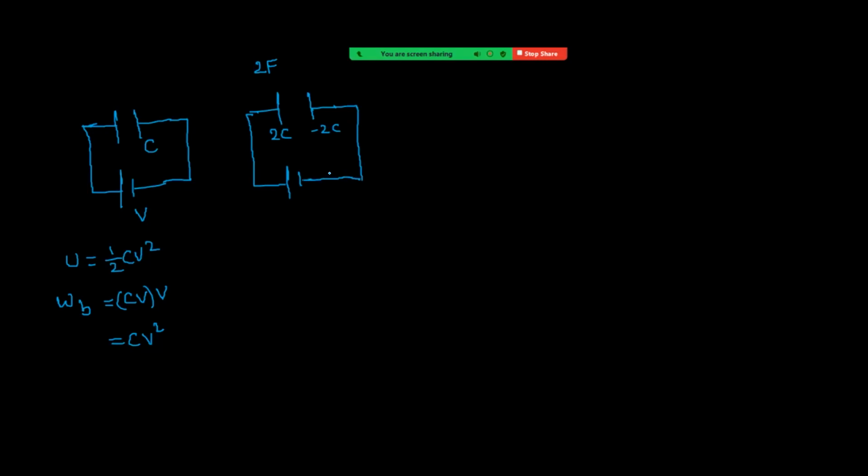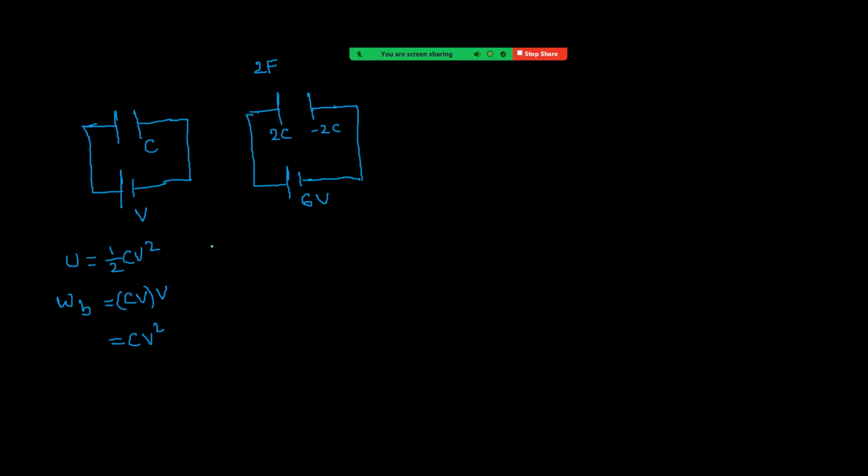So this is one possibility. Whenever a capacitor is initially charged and we connect it to a battery, we have to focus on how it is connected. Is it positive plate to high potential or positive plate to low potential? Here I have taken the positive plate connected to the high potential of the battery. Let us take this as 6 volt.